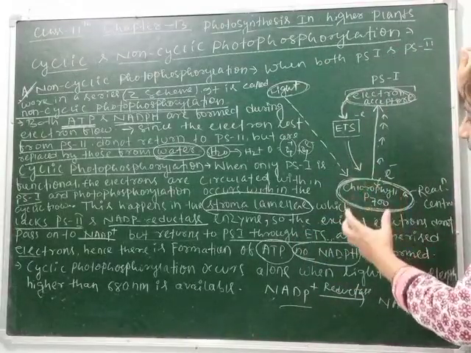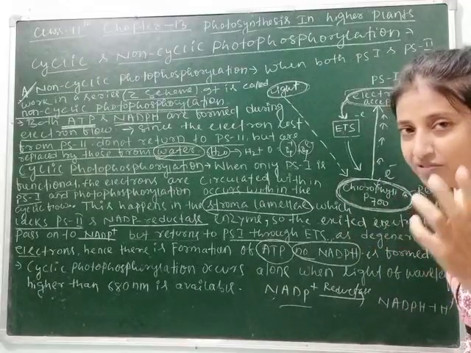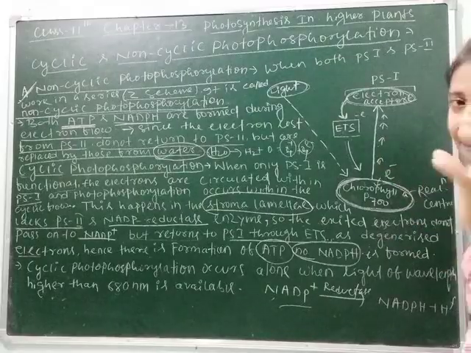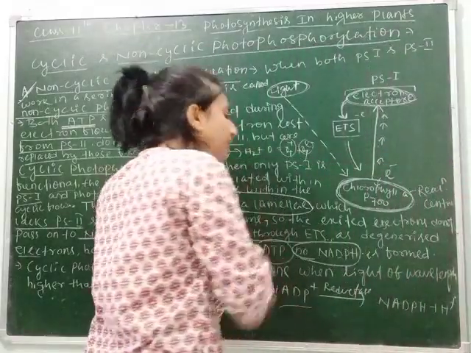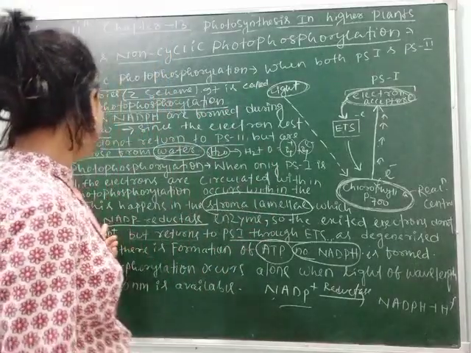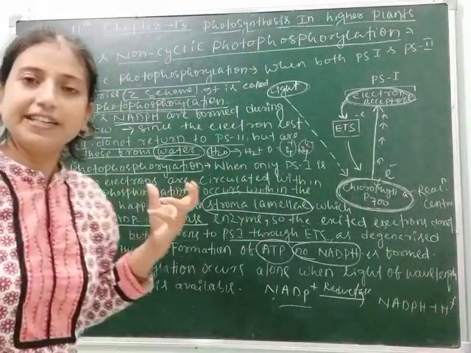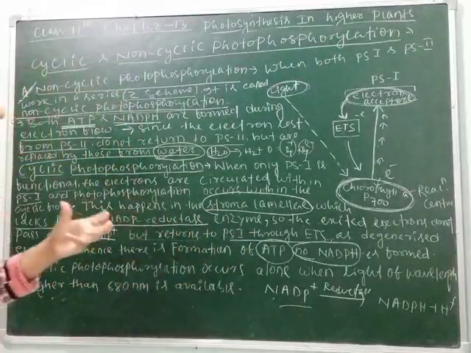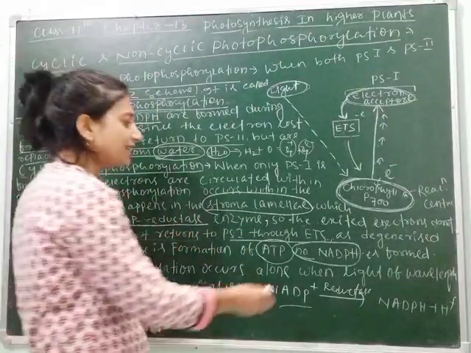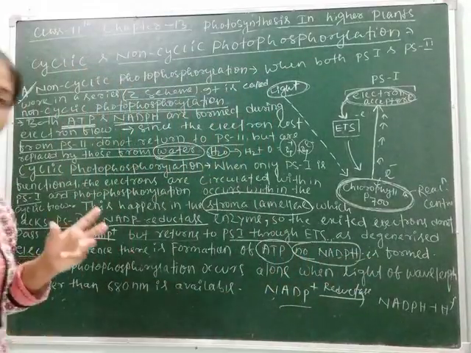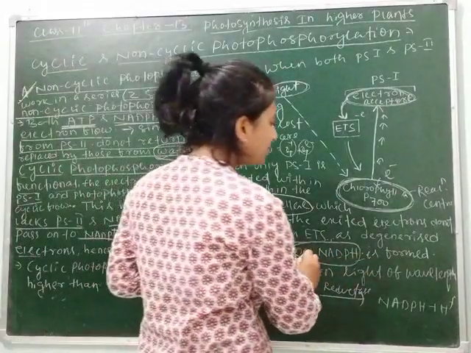In non-cyclic, what happened? Both ATP and NADPH are formed. Why? Because electron is also transported in PS1, due to which ATP is formed, and the NADP plus reductase enzyme is present on PS2, due to which it forms both NADPH and ATP. But here only ATP is formed. Remember students, in cyclic only ATP is formed.